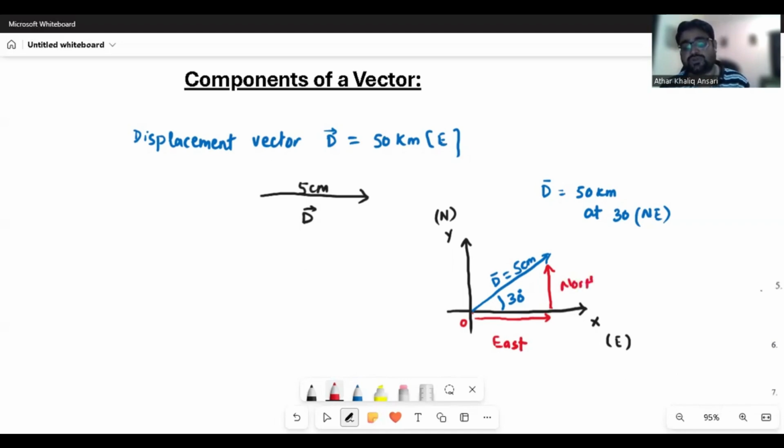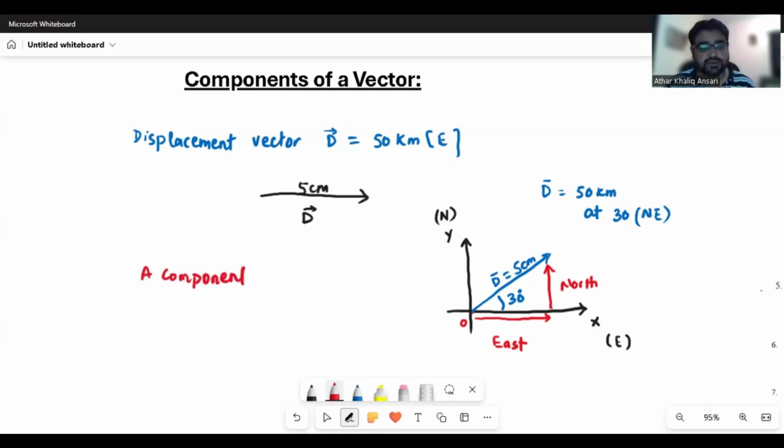So if any vector is inside the plane, to draw it in the plane, you might need two dimensions, that is along the positive x-axis and along the positive y-axis. These parts toward east and north are called components. So you will say a component of a vector.